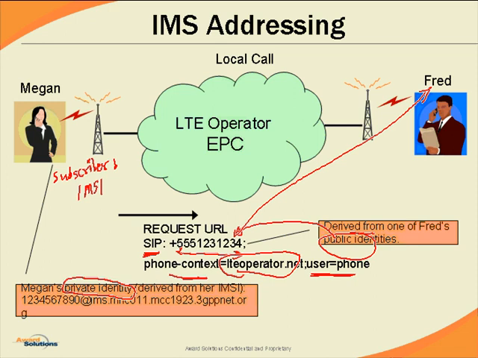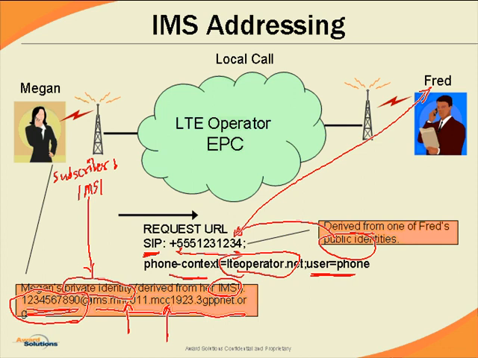So the private identity, which is known to the operator, known to the user, is a function of IMSI. So something like this is created from IMSI, International Mobile Subscriber Identity. Inside there we have mobile network code, mobile country code, and within that operator's network there will be some number assigned to the subscriber.